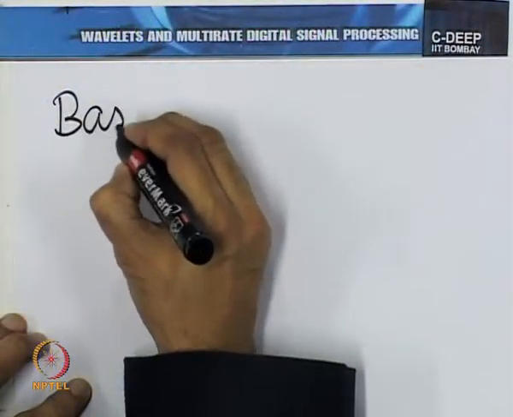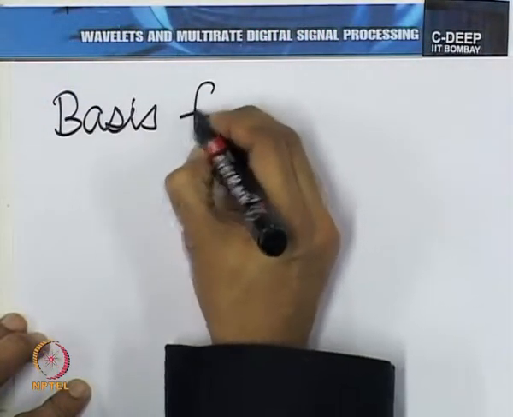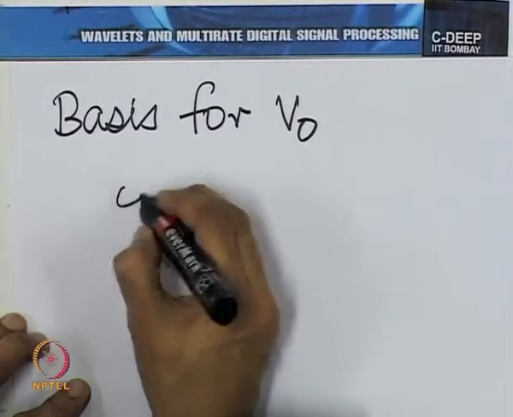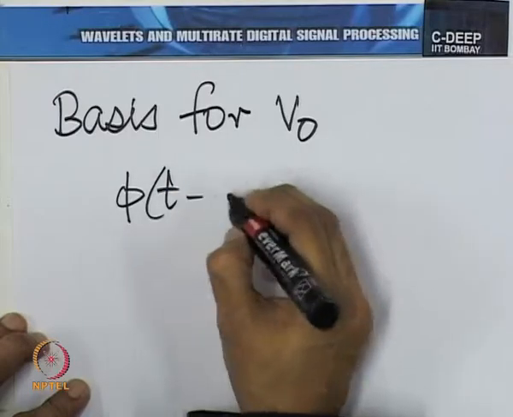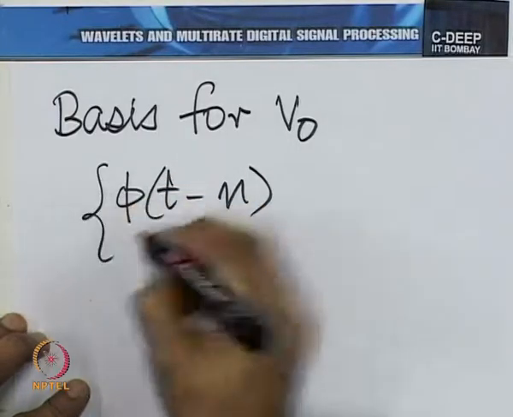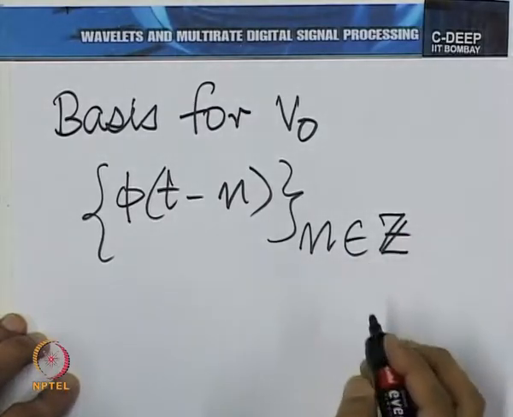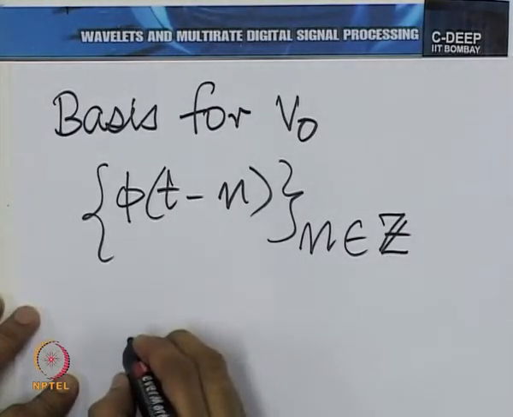So, there you are. We have the following standard basis for V 0, given by phi of t minus n over all the integers, and let us sketch a typical phi of t minus n.